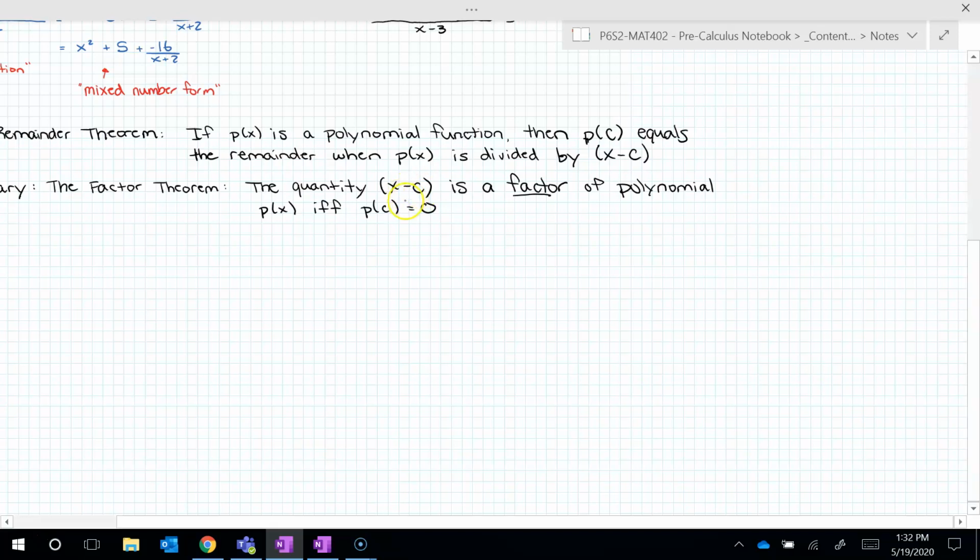But if I factor it out, I divide by this quantity and get a remainder of 0, then I know that has to be a 0, and vice versa. If it's a 0, then x minus that value has to be a factor. And so that is the fundamentals of all of this. The theorems, the remainder theorem, factor theorem, actually evaluating it, seeing the remainder, doing the long division.